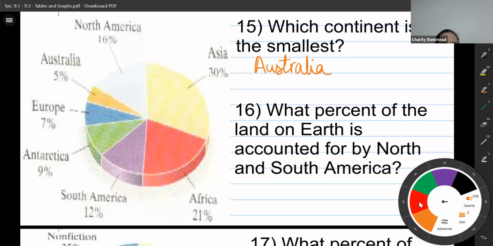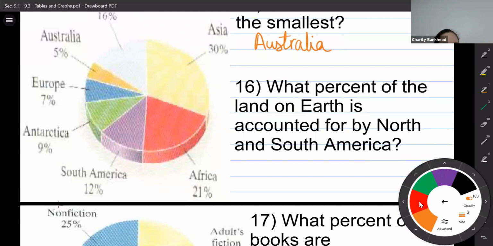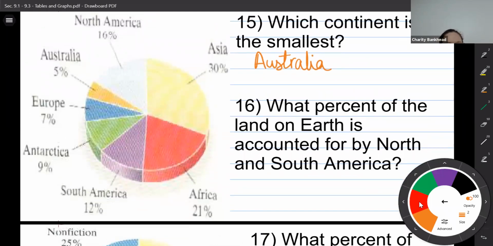And what percent of the land on Earth is accounted for by North and South America? So North America is 16% plus South America, which is 12%. So it's 28%.